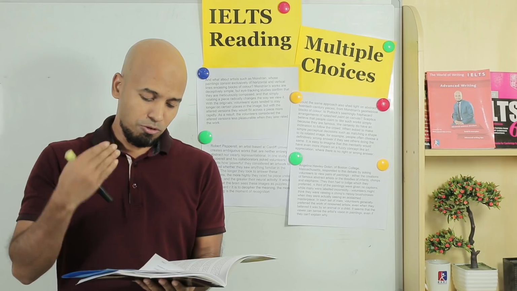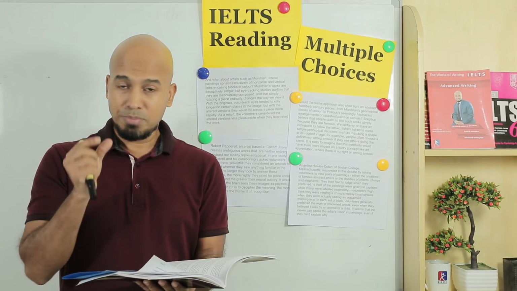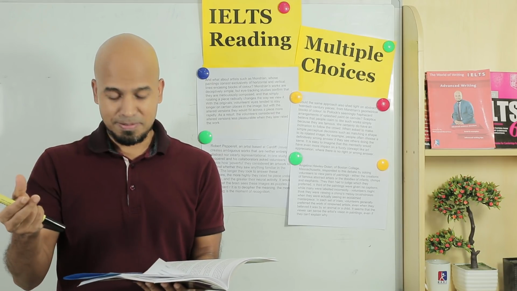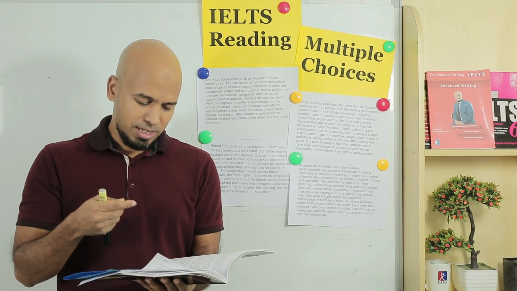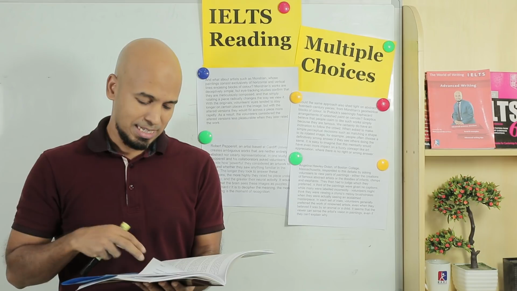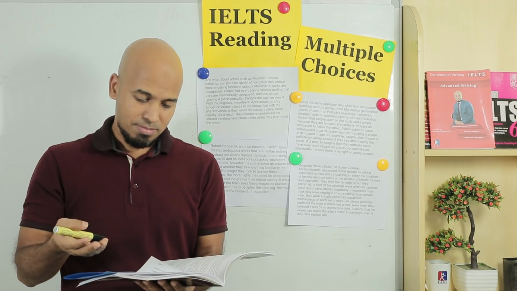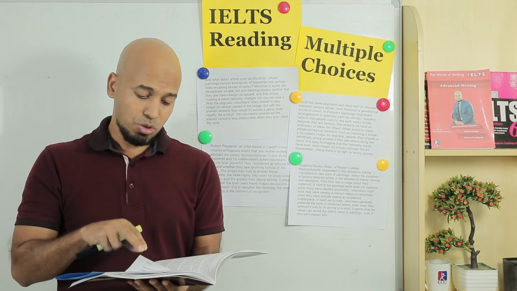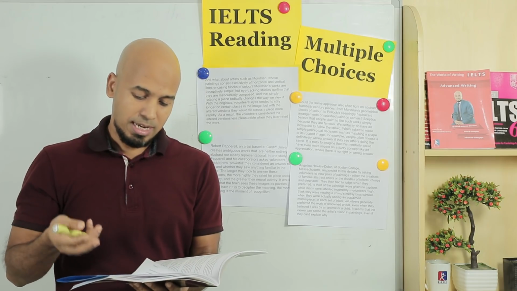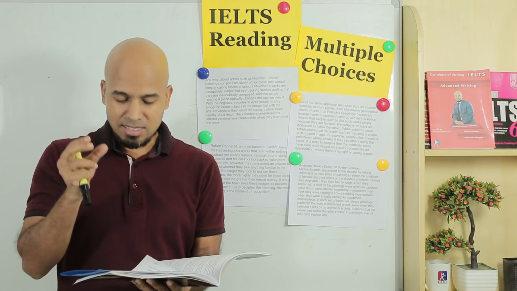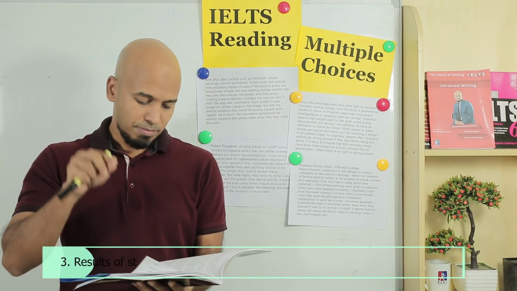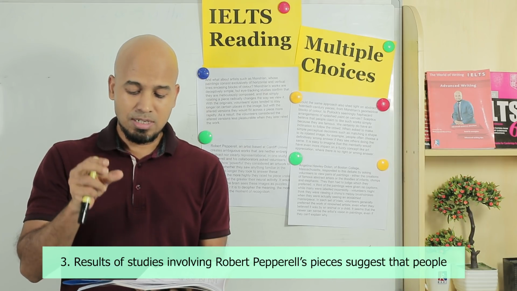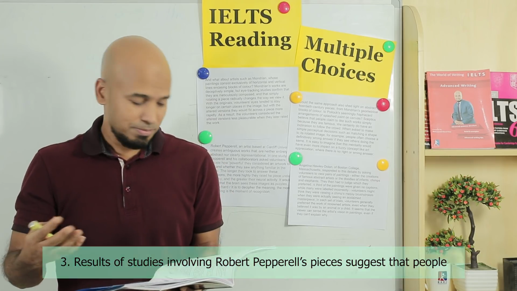Results of studies involving Robert Pepperell's art pieces suggest that people A, B, C, D. This question is similar to the previous one, which was about results, and the last one was about findings, and it was all about Angelina's art piece, and the same thing, Pepperell's pieces.